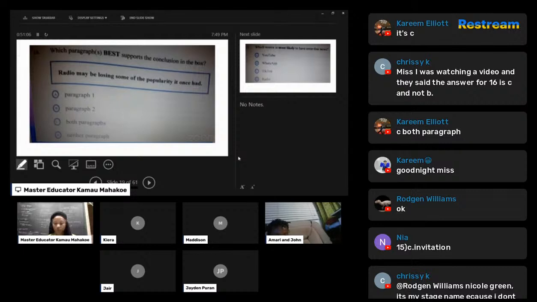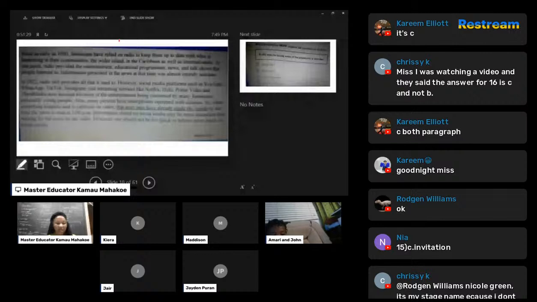So I'm saying it's paragraph 1, it's showing you how the radio developed, the popularity it had.